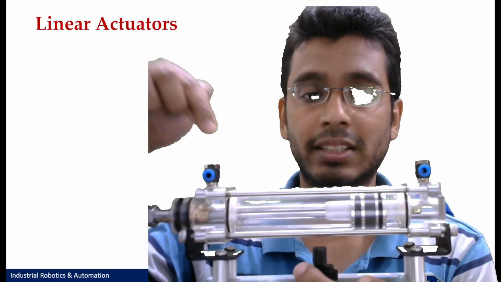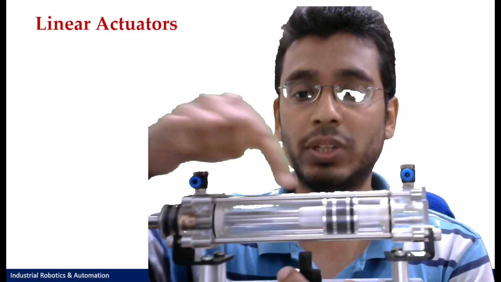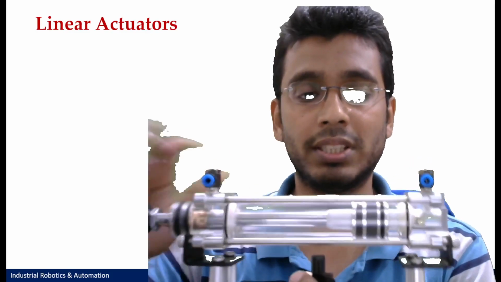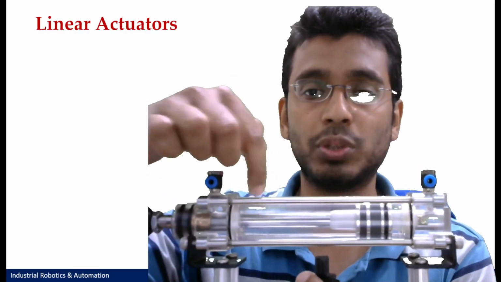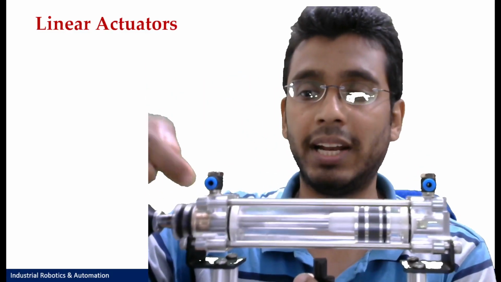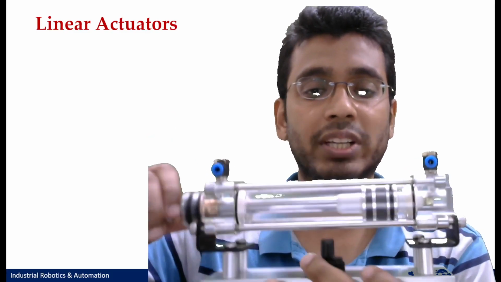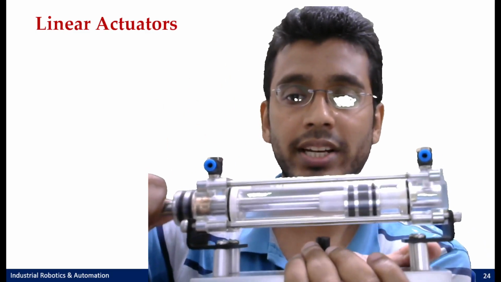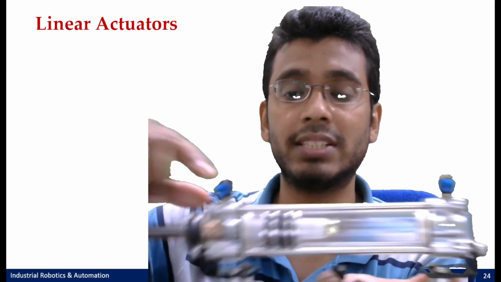For this cylinder to extend, you also have to drain, because this is the piston, the circular thing, and if that piston is moving, the fluid from the other side has to get drained. So the fluid would drain from this port, right? Whenever I have to extend, I put my pressurized line here and the cylinder extends, and the extension is only possible if there is a drain port here also.